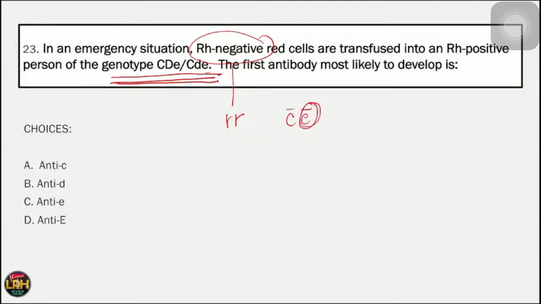However, the absence of the small c antigen in the recipient will cause the production of antibody against it. So in this question, the answer is letter A, anti-small c.